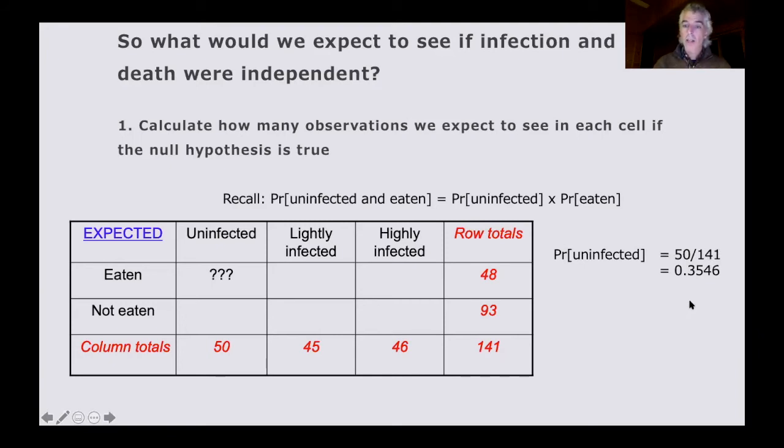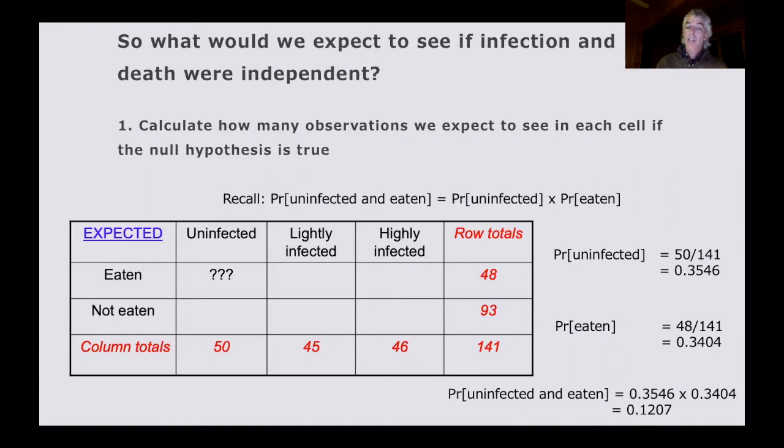Now, we can also calculate the probability of being eaten then as the number of fish that were eaten out of the total number of fish in the experiment, which calculates out to be 0.3404. And I think you can tell that this is exactly why we calculated the totals across the rows and columns so that we could calculate these probabilities. So we can calculate then the probability that a fish was uninfected and eaten as the product of these 2 probabilities and calculate that that overall probability is 0.1207.